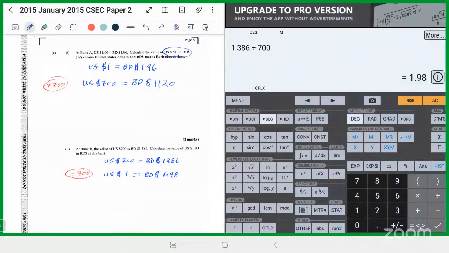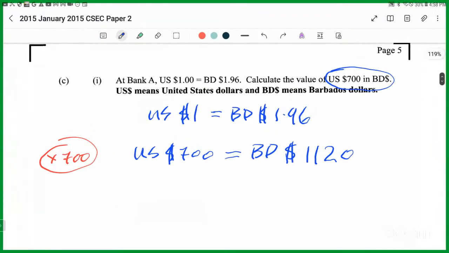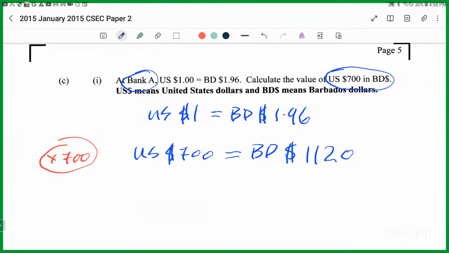So let me show you the question. The question up here is talking about a bank A. This is at bank A. This is the exchange rate. Question is asking you how much at bank A would 700 US dollars be in Barbados dollars. And so multiply this relationship by 700 here. So at bank A, $700 gives you that amount of Barbados dollars.